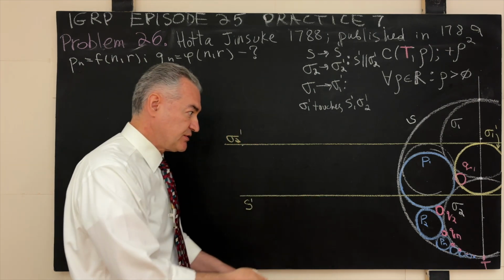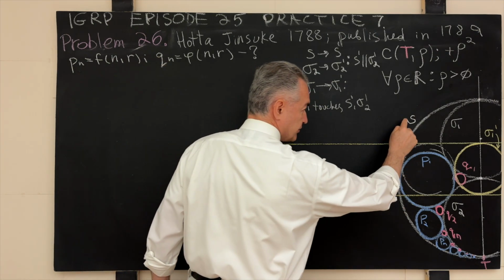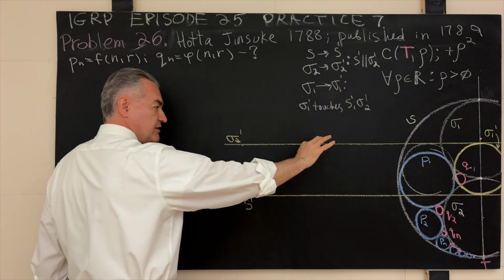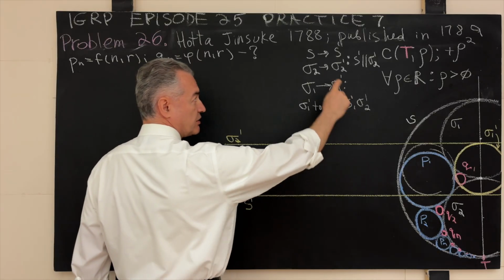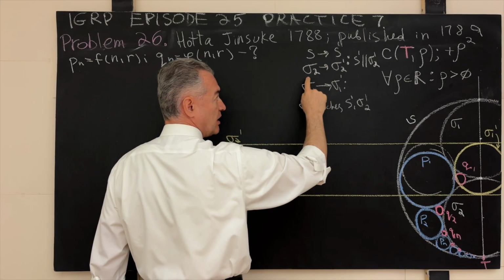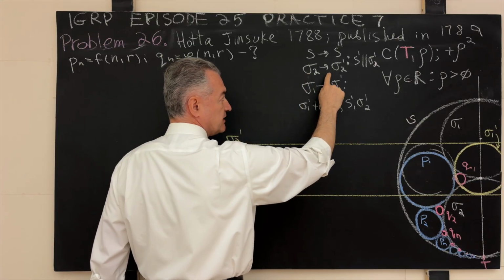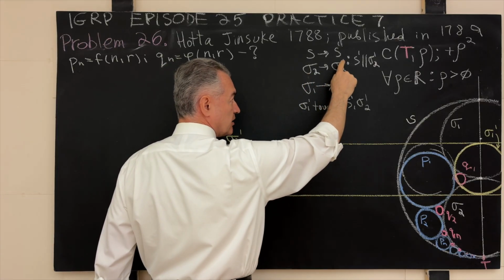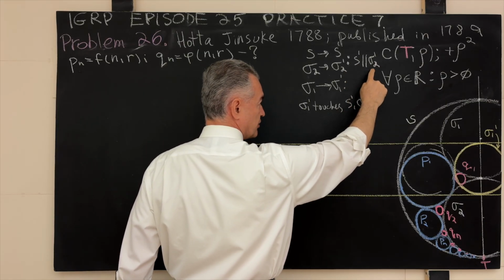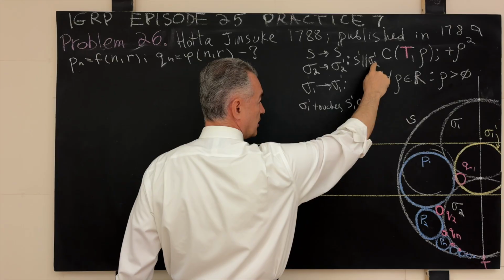In other words, if the circles S and sigma 2 are tangent at point T, then their images will also be parallel. The circle S will be taken into the straight line S prime. The circle sigma 2 will be taken into a straight line sigma prime 2, such that the straight line S prime is parallel to the straight line sigma prime 2.